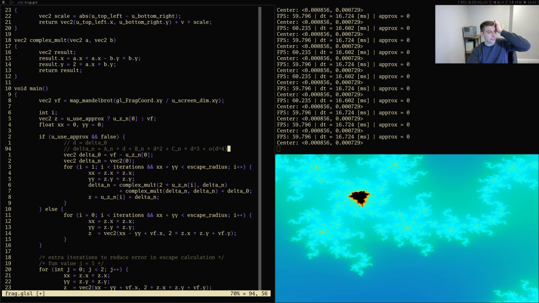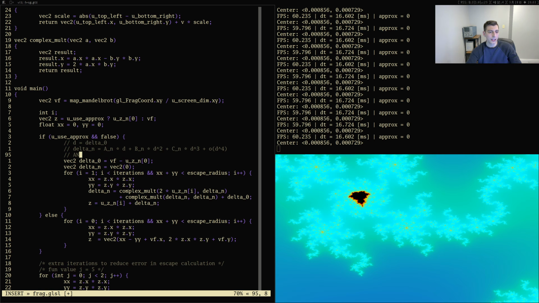And then if that's the case, an can be calculated using 2 zn an plus 1. I'm not even sure why they've listed these other parts here.